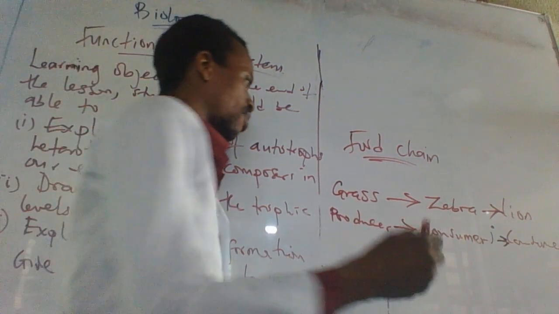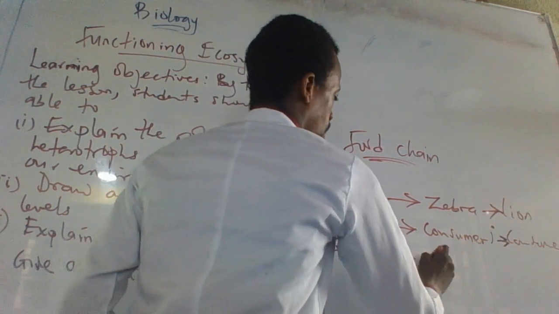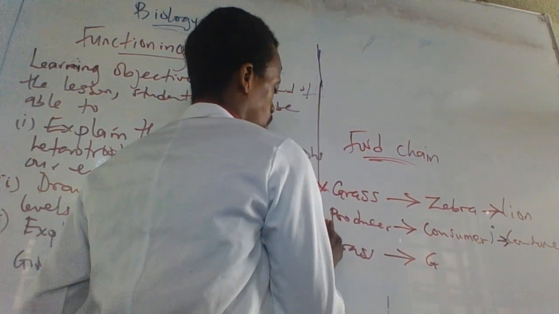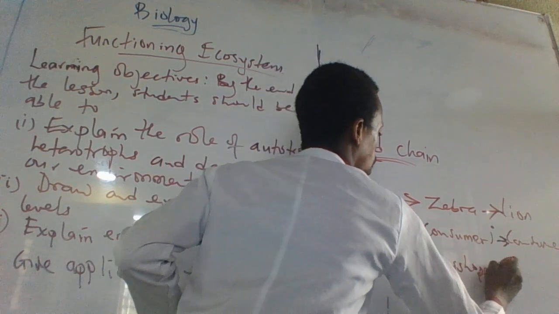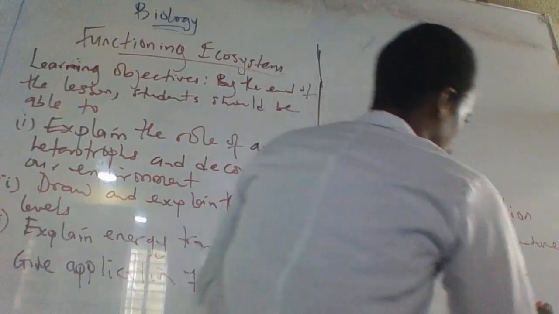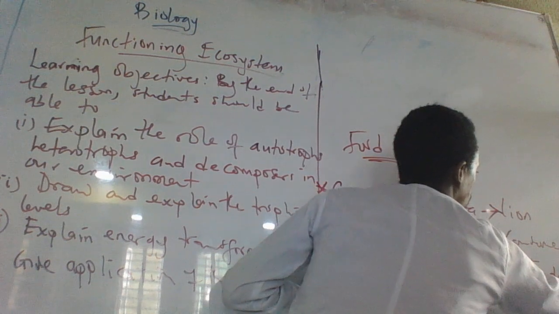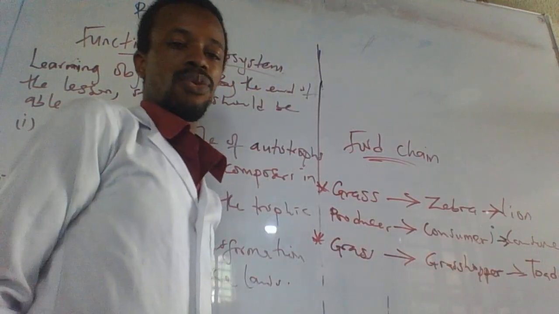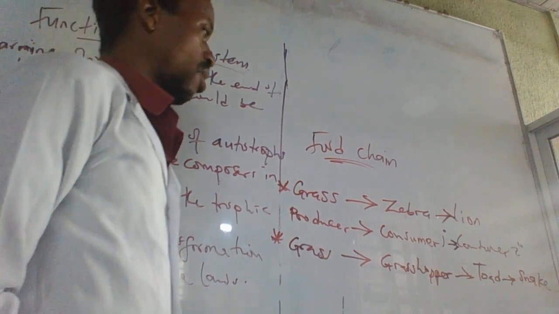For example, you have grass and you have grasshopper. Then after the grasshopper, you have toad and you have snake. And from that you can see what we have here.